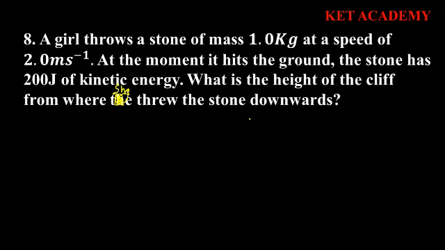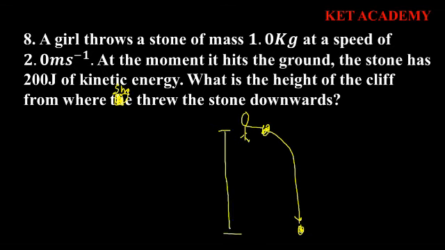So if we draw a diagram, we'll see that here is a girl with a stone. She throws it, and this is now the final position of the stone. They're asking for the height of the stone. So they're asking for this height.